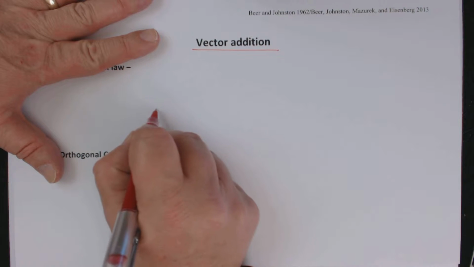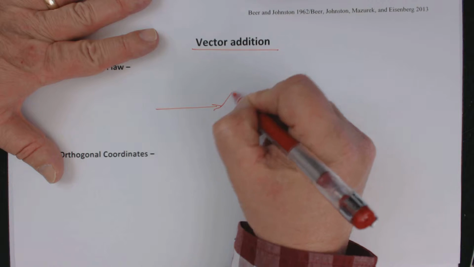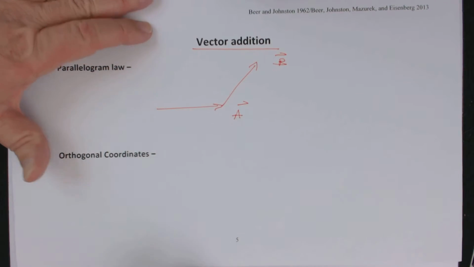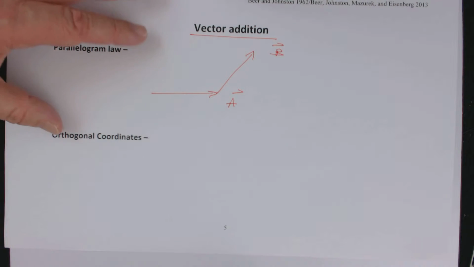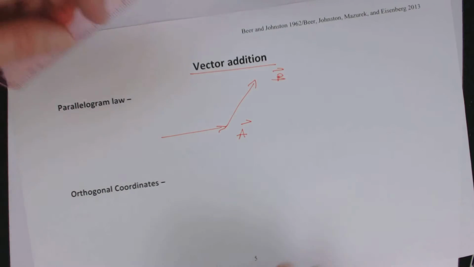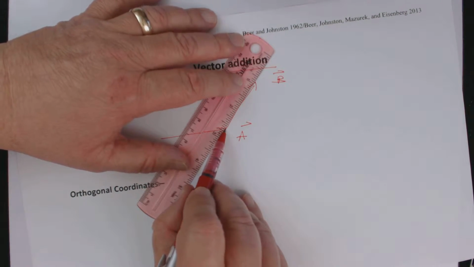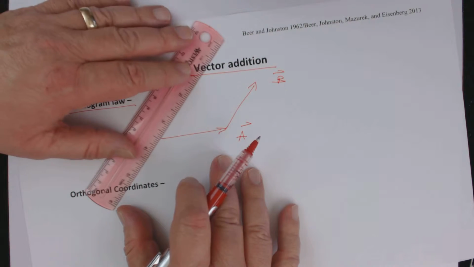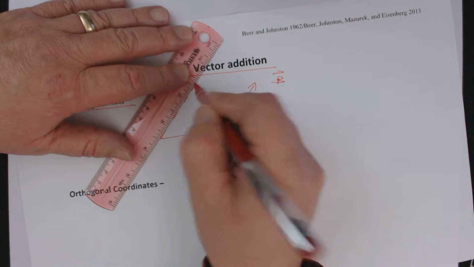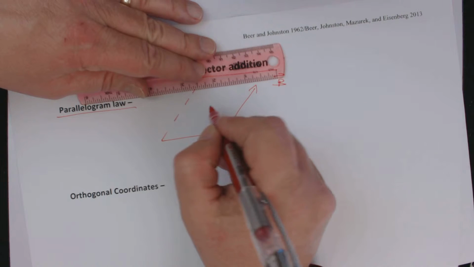And so if I have a vector here that I call vector A, and then I have another vector here that I call vector B, like that. So I got vector A, I got vector B. And if I want to add those two vectors together, one way that you can do that is called the parallelogram law. So you got a line here that is vector B, and so you come parallel to that line and you dot in another line, and then you take a line right here and you go parallel to it.